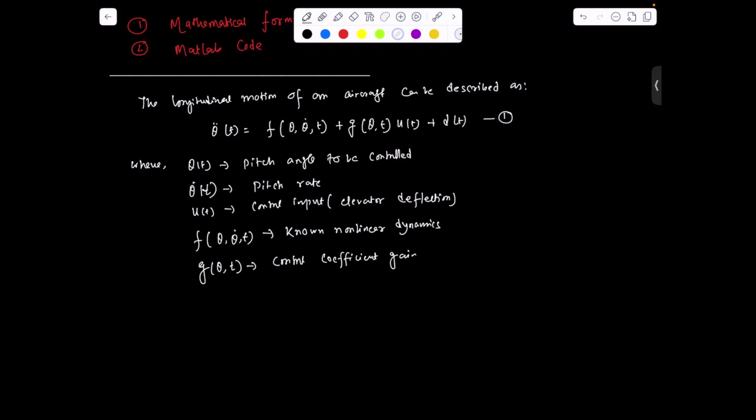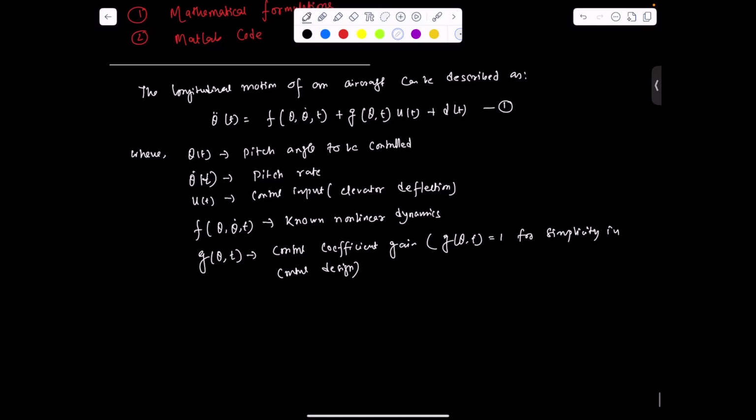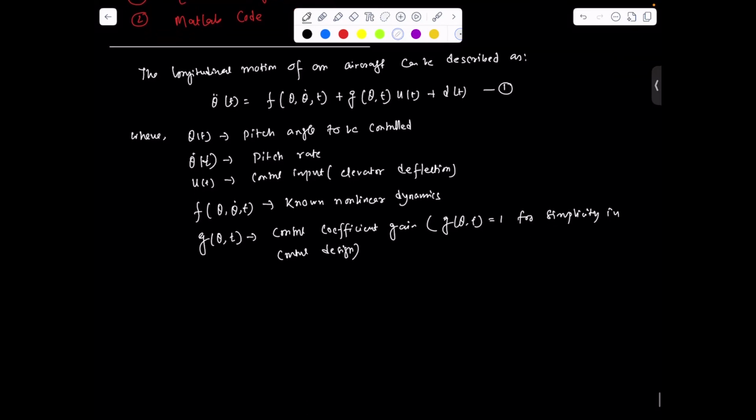For this particular case, we can assume g theta of t to be 1 for simplicity in control design. You can take the full model of g theta of t, but in this lecture we are taking this to be 1 for simplifying the control synthesis.